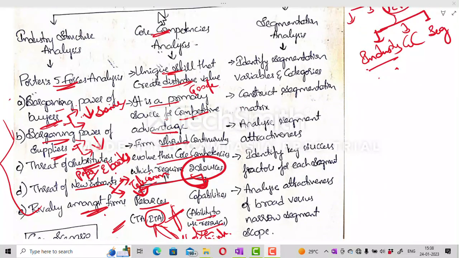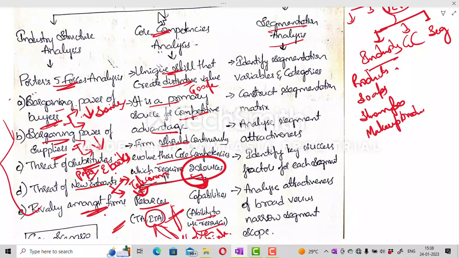The third one is segmentation analysis. That means we need to identify the segment variables and categories, like what are all the products we are producing. It might be soaps, shampoos, makeup products, biscuits, cakes, cold drinks, like that.